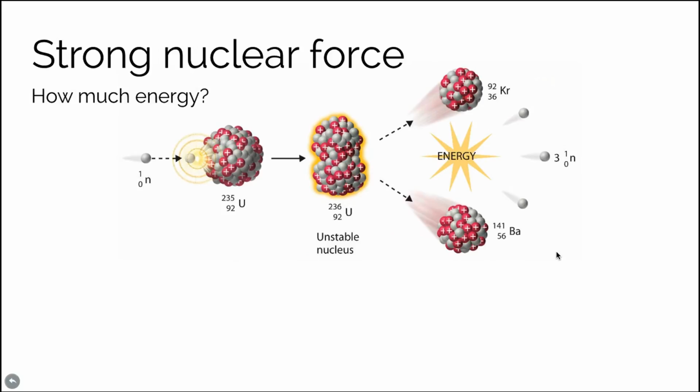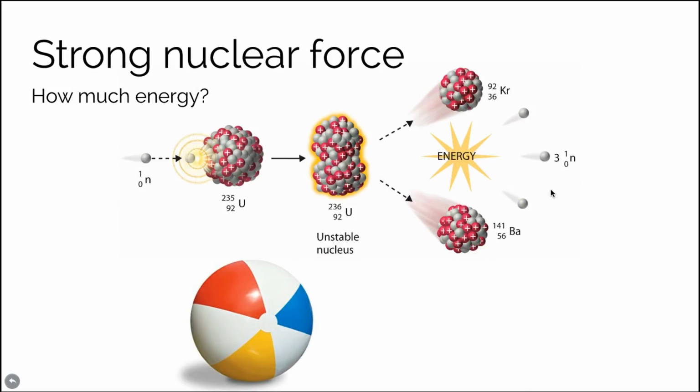All right, so let's put that amount of energy into a little bit of perspective, because it's very easy to just talk about, yes, we release energy, and we can use that energy for stuff, but how much energy are we really making in this process? Well, just to put that into perspective, if you were to take an amount of oxygen the size of a medium-sized, normal beach ball, and say that it had about 16 grams of oxygen.